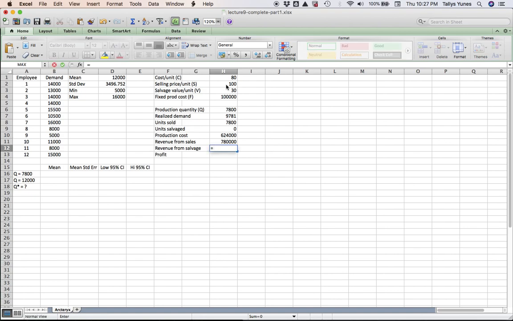Revenue from salvage, how many units get salvaged times what I make when I salvage them, 30. So the profit will be the two revenue amounts, revenue from sales plus revenue from salvage, minus the two costs, the variable cost or production cost minus also the fixed cost.